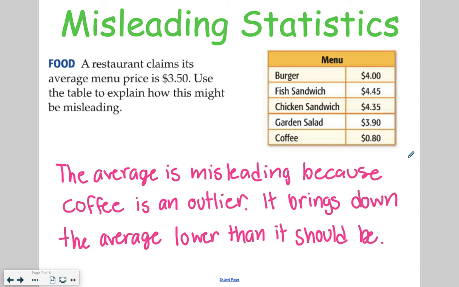So again, you always want to make sure that you are looking at statistics and graphs with a little bit of a skeptical eye, trying to figure out what the group or person using these statistics is trying to tell you, making sure that they're using good scales on their graph, making sure they're not trying to include an outlier to make the data get skewed. And we always want to make sure that we're looking at statistics with just a little bit of skepticism and making sure that they're accurately reflecting what the data actually says.